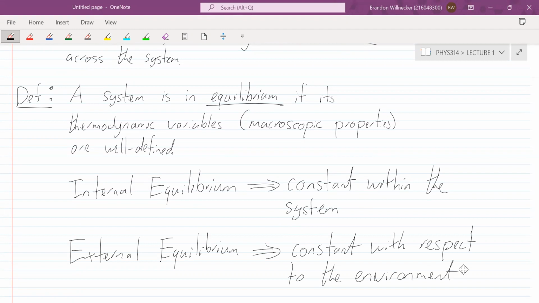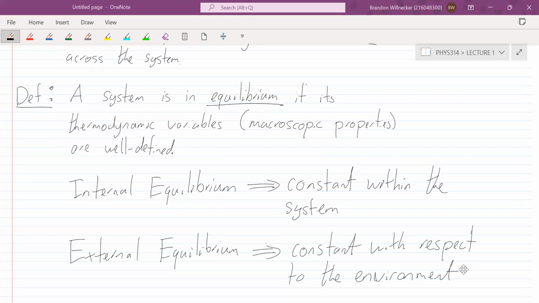For example, we've got a box of gas, we do not allow particles to come in or go out, then it's in external equilibrium with respect to particles, because none are coming in, none are going out, or the same amounts are going in as going out.